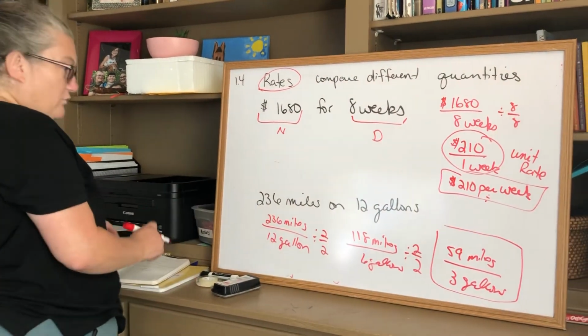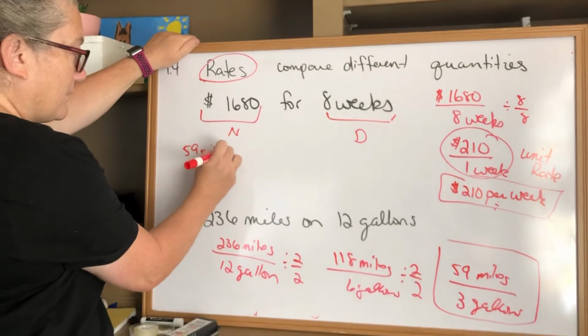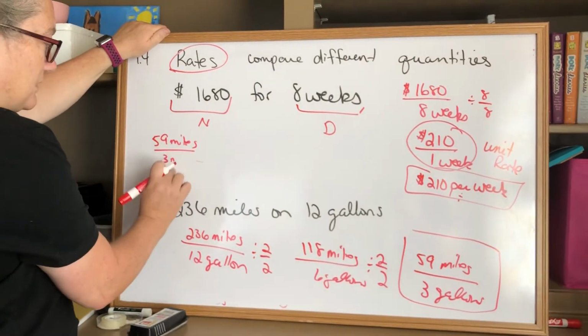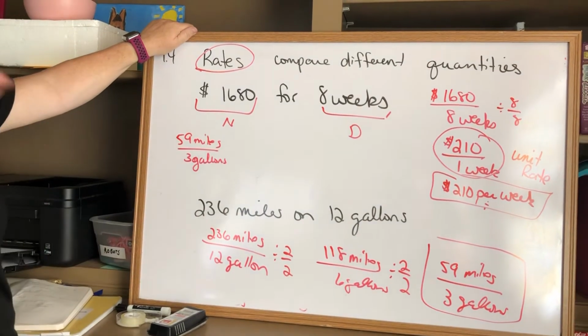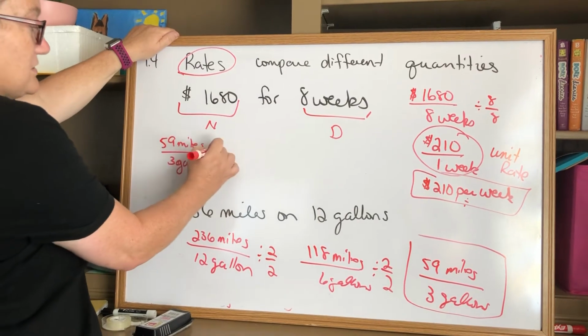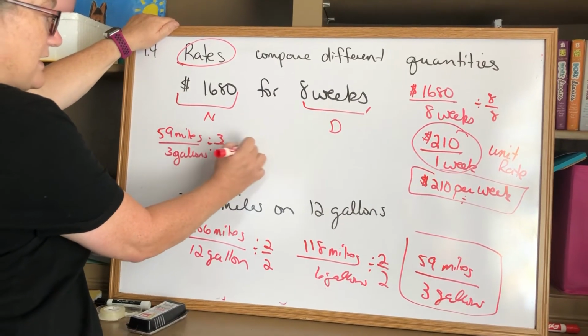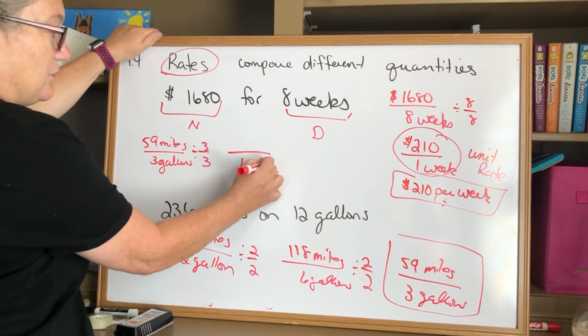I'm going to just move right up here. If I wanted to make that a unit rate, how can I make it? That's supposed to be gallons. I can force anything to be a unit rate just by dividing by the denominator. So if I divide by 3 over 3, this is going to be 1 gallon, and that's the unit rate.